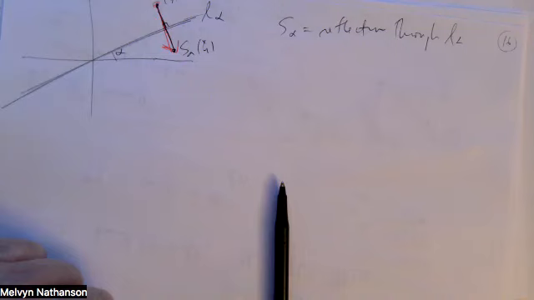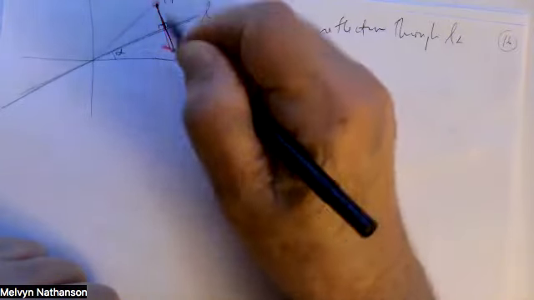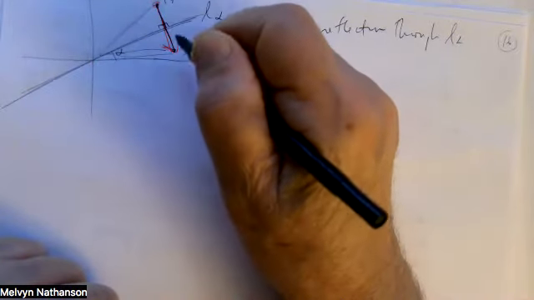How can we work out the matrix for this? So let's remember some high school geometry. Here we have a right triangle. Here we have a right triangle.